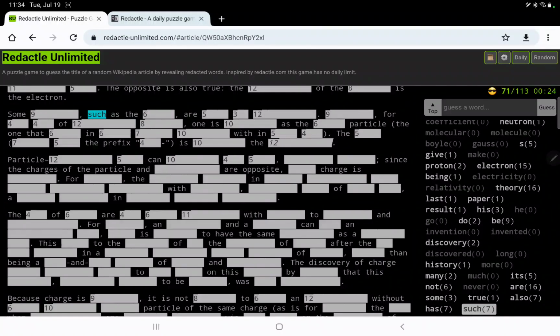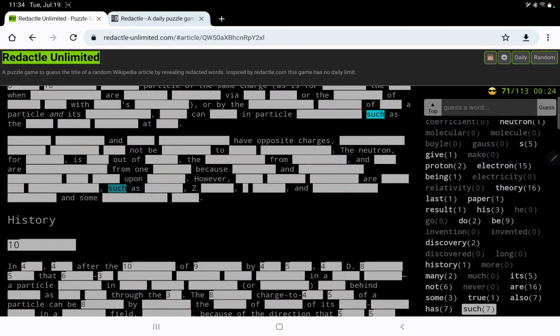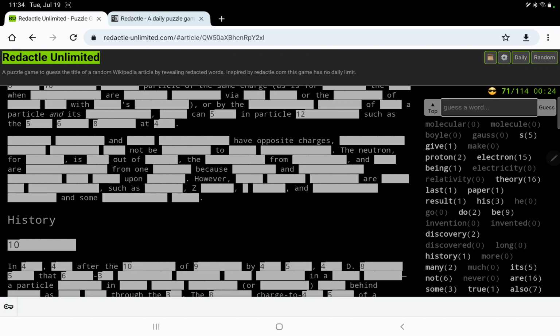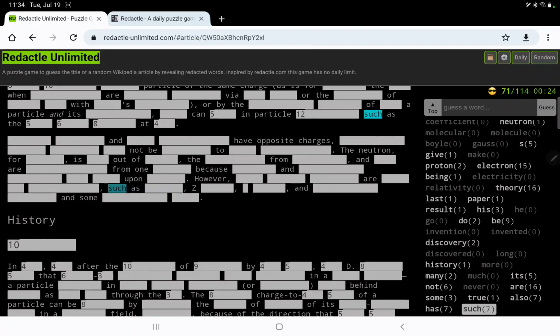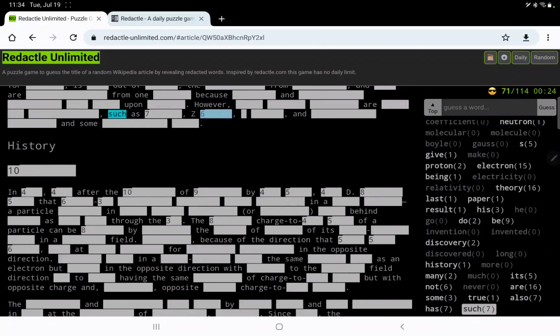That's, oh yeah, well, that was the first word. Something such as the whatever. Can something in particle 12, such as the 5, 6, 8 at 4. At rest? No. Okay, let's look at the next. Such as 7, Z6, 1, 6, and 12, 9, and something 5.